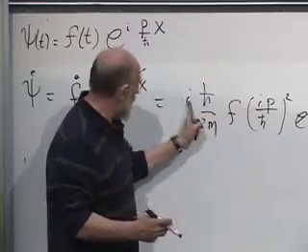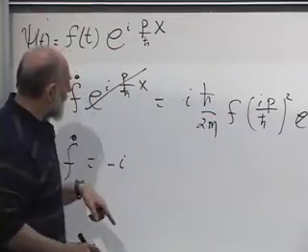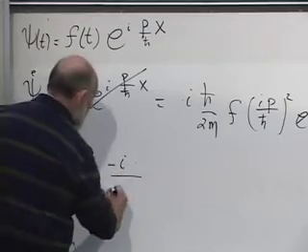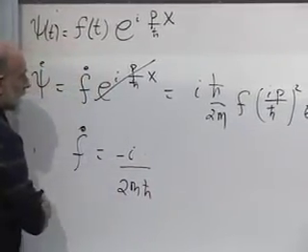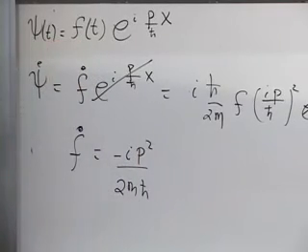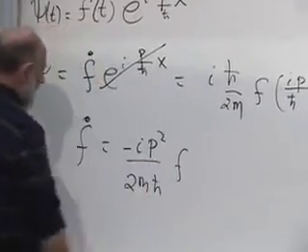That's a minus 1, and another I here. So that's minus I. How many h bars? 1, in the denominator. So there's a 2m h bar in the denominator. There's a p squared upstairs, and an f. Is that it?